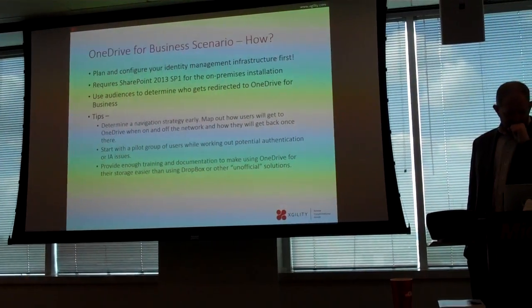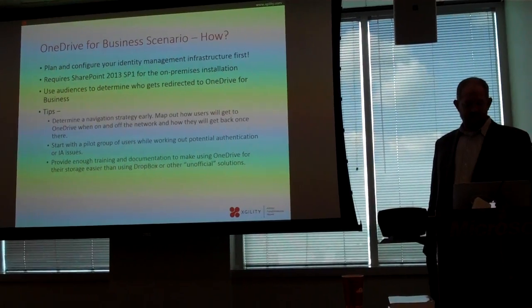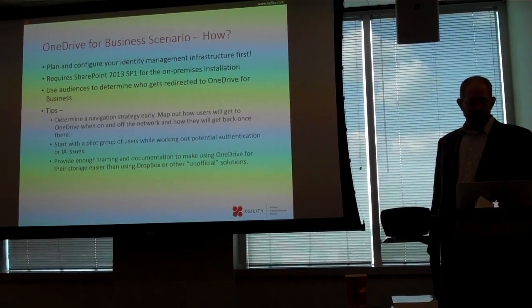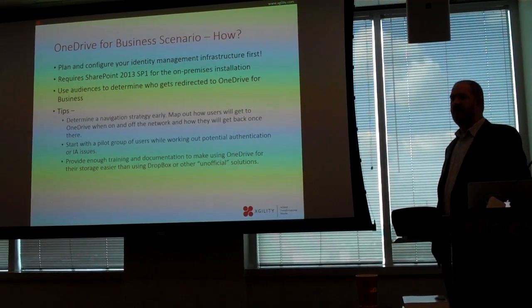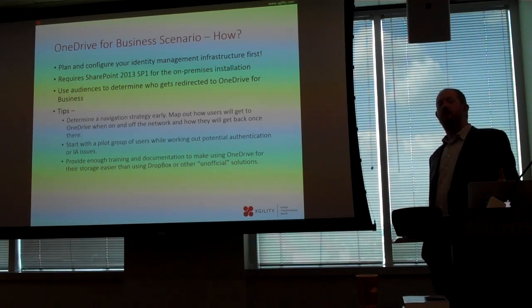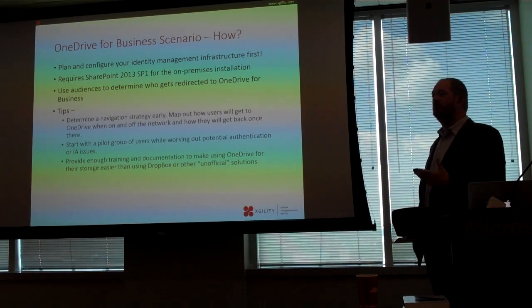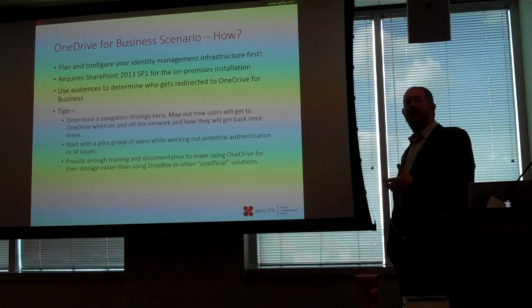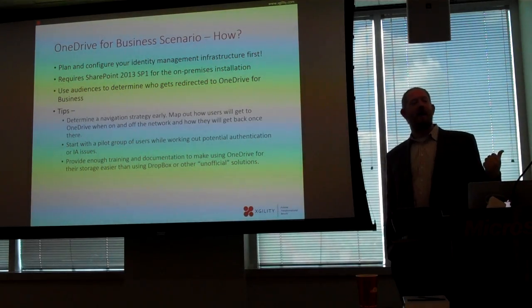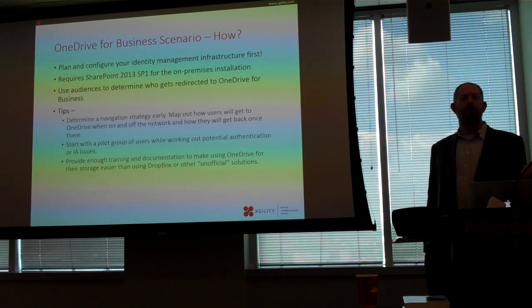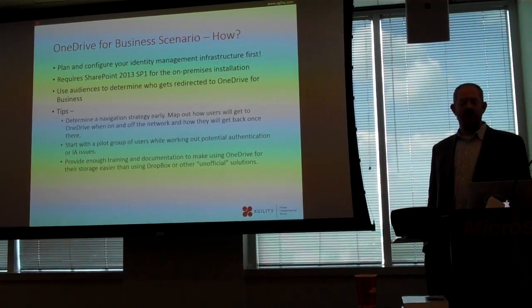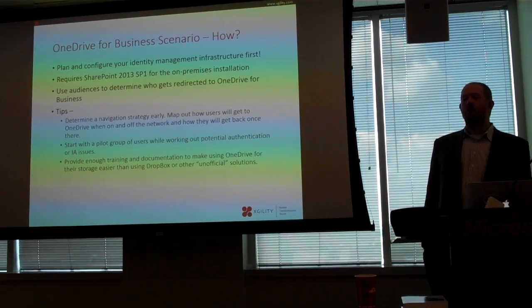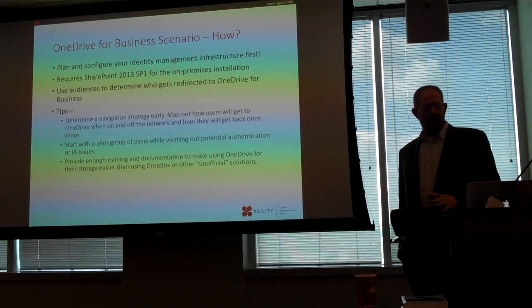A couple of tips on getting this set up: determine your navigation strategy early. We know that when you click on OneDrive and you're in the right audience, it's going to send you to OneDrive for Business, but you should have a plan for how your users are going to get back into your internal farm. You should start with a pilot group of users so that you can work out any authentication or information architecture issues.